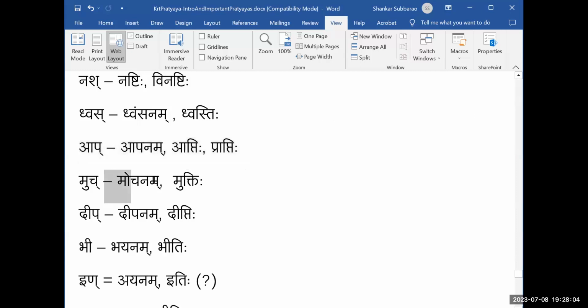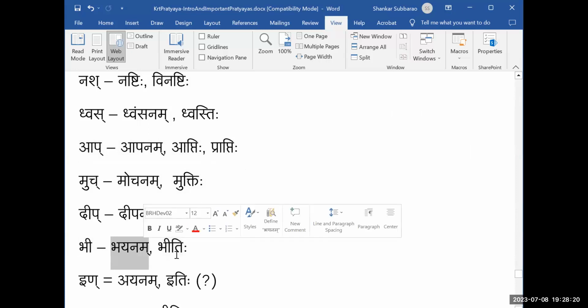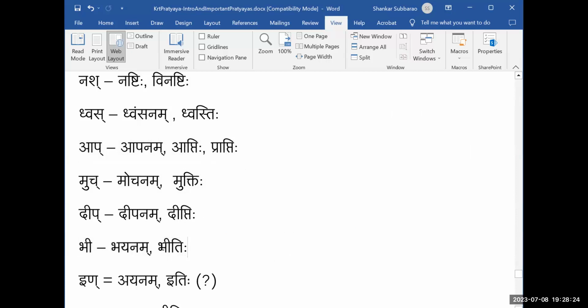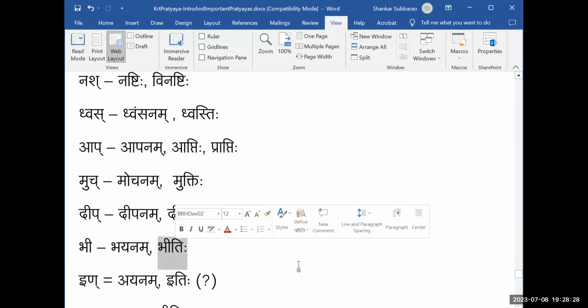Much, mochanam, muktihi. Deep. What does deep mean? To light up. Deepanam, deeptihi. Bhi. You will normally not see this word, bhayanam. I have not seen much. But bhitihi you will see. Fear. So bhitihi is fearing. Could have another meaning also.